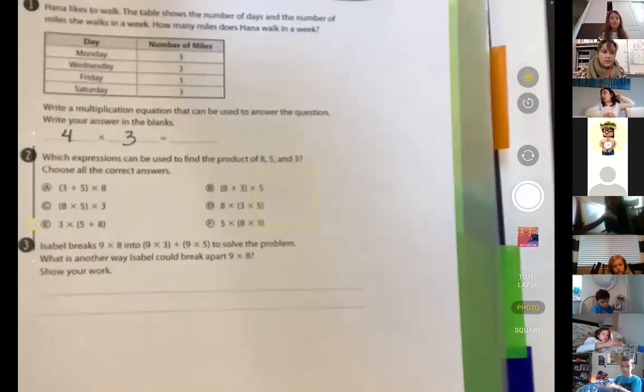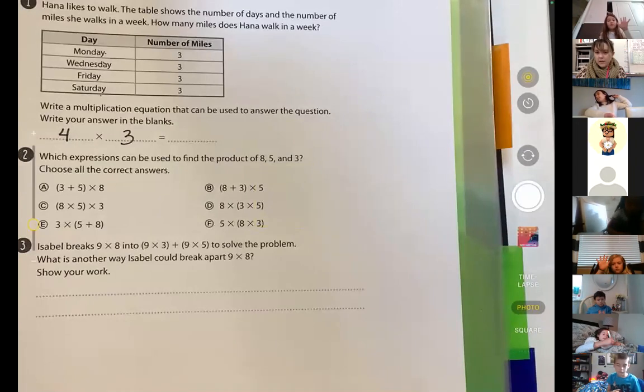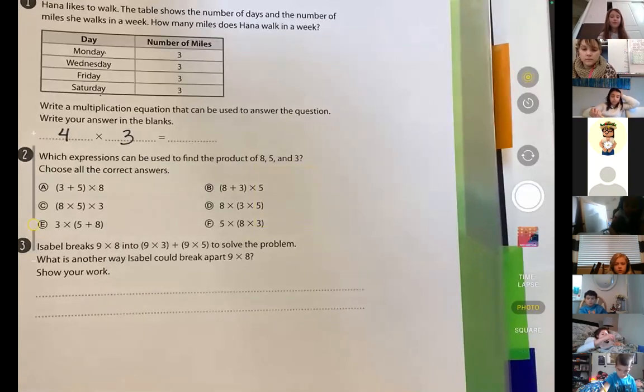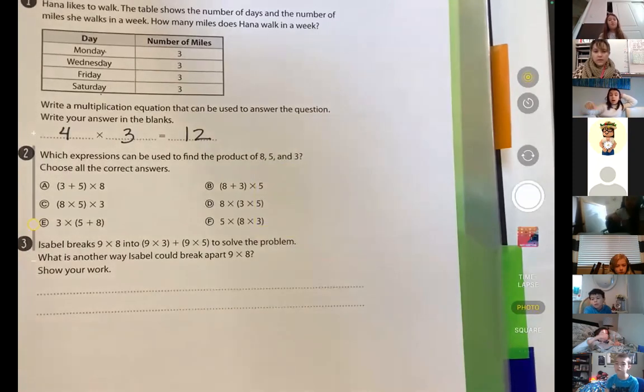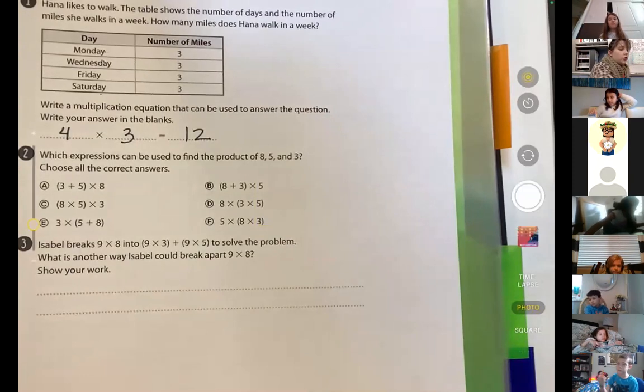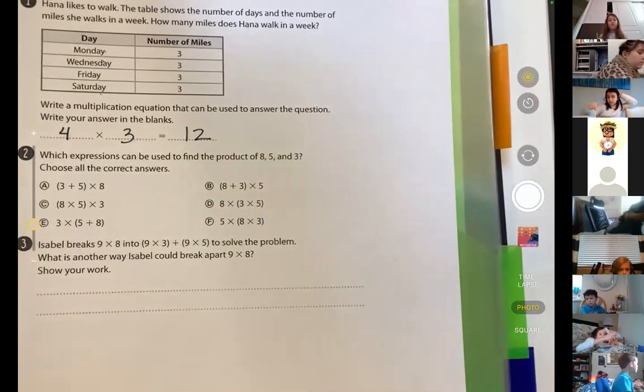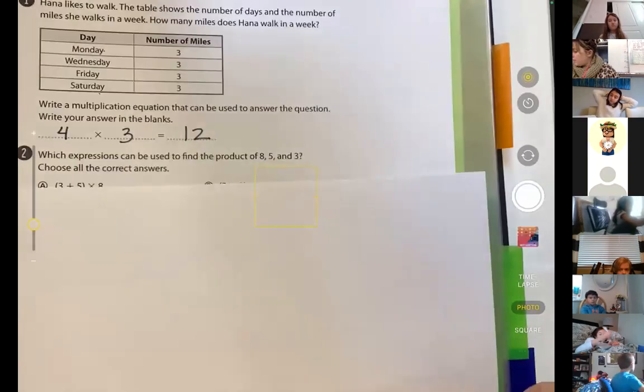Who can tell me how many miles she walked then? If we do 4 times 3, Ellie, how many miles did she walk? 12. Good. 12 miles. So my friends who don't have this page, your blank page or your whiteboard is gonna look like this.